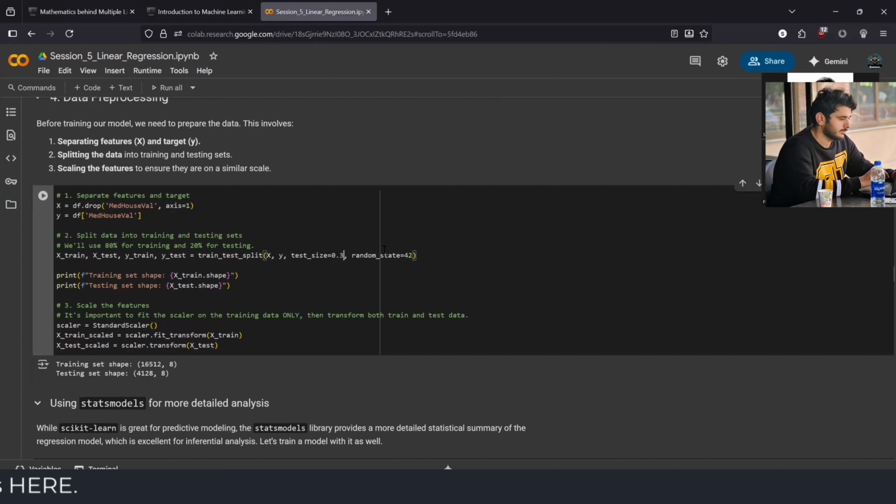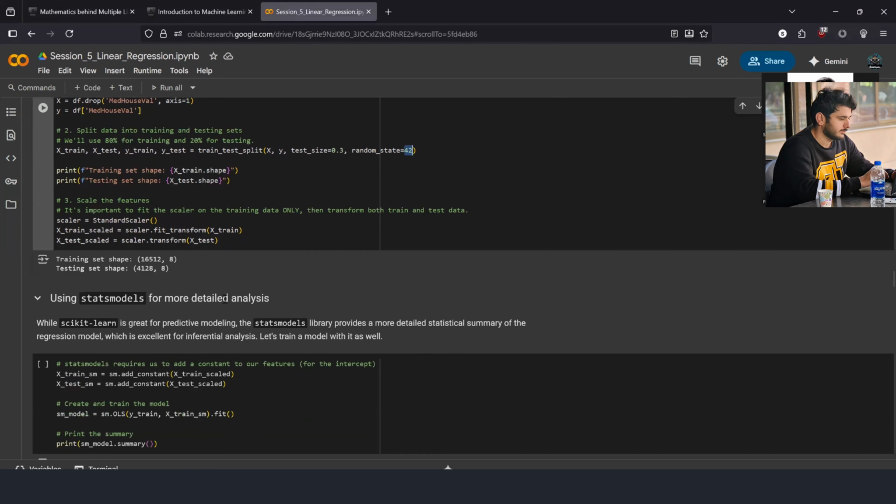Now, there is a parameter random_state. We assign random_state equal to something, and you can give it any number here. The main purpose is that whenever we rerun our code, every time we get the same split, the same data set, right? Like you are writing a report and you split your data set and wrote the whole report based on your analysis, but you didn't specify the random state.